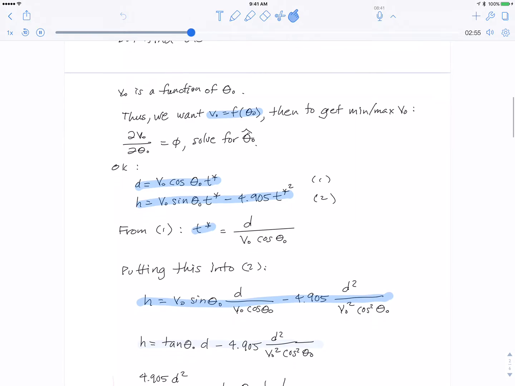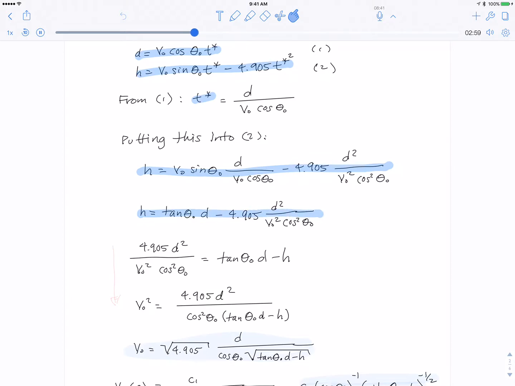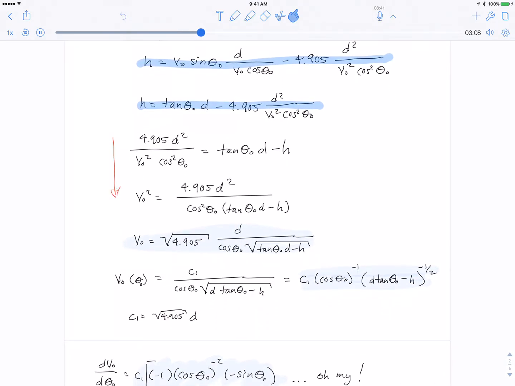Well, the v0 cancels out in that first term, and then it turns down into this. But remember, we're looking for a function of v0, so you go through all this algebra, and then you finally get that v0 is a function of theta, like this.